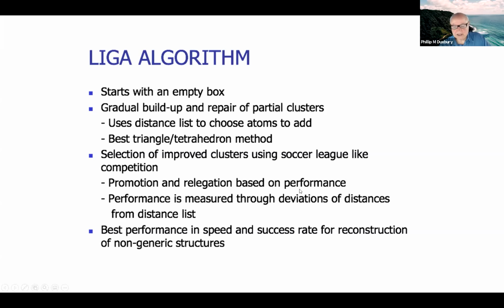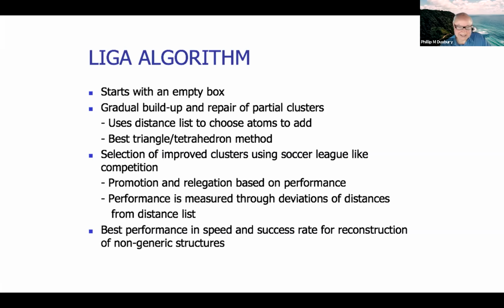So this promotion and relegation is really important. The way it works is we take one atom off a cluster, say a cluster of size 10, and the worst performing cluster is the one that has the highest error in comparison to the distance list. And then we'll take out the worst performing atom as measured by the deviations from the distance list of the edges which are entering that atom.